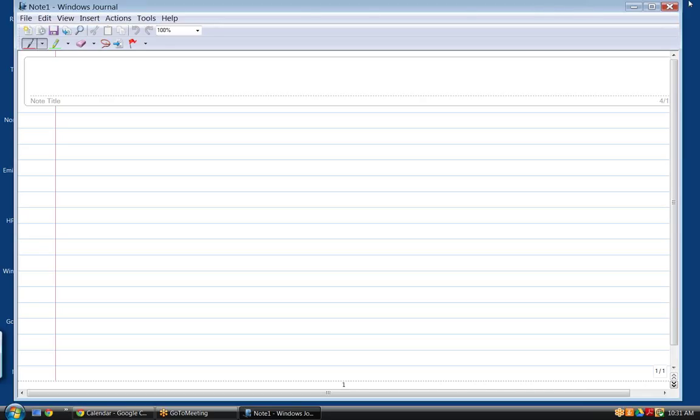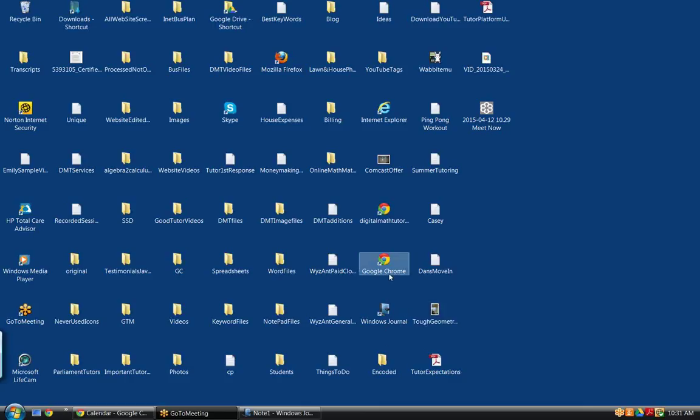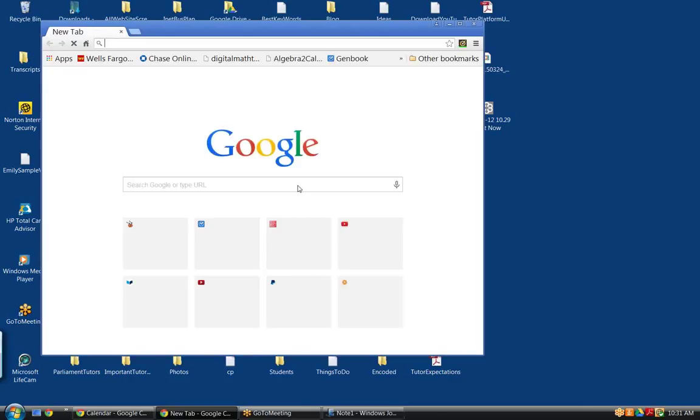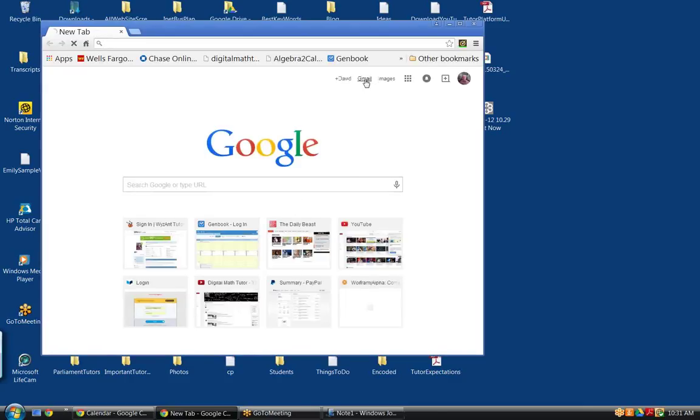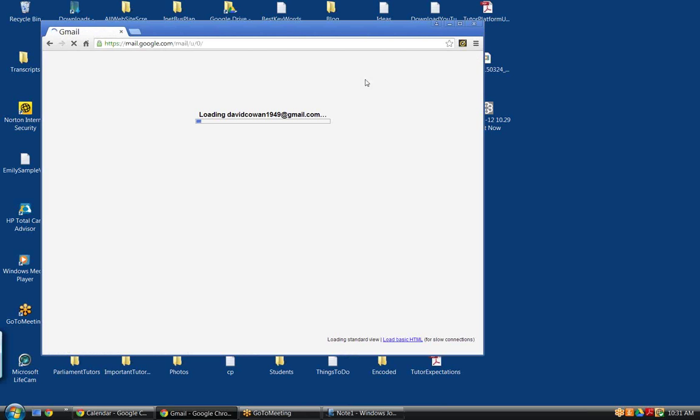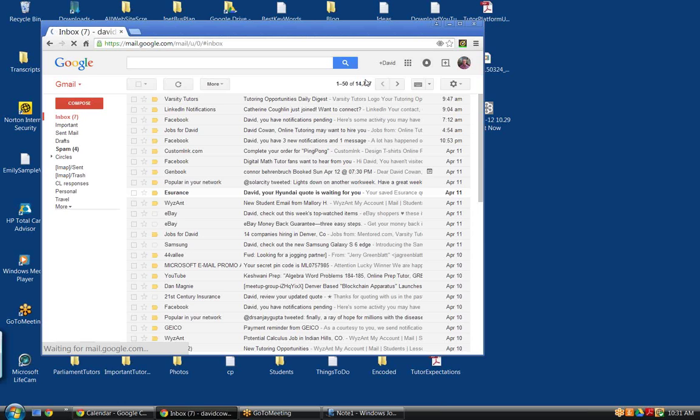Okay, so I sent it to you. All right, let me open it up, see what we're looking at here. It's not probability density function, is it? No, I don't think so. Okay, that's more towards calculus, but you send it to David Cowan, 1949? Yeah, it's still sending. Okay, all right.